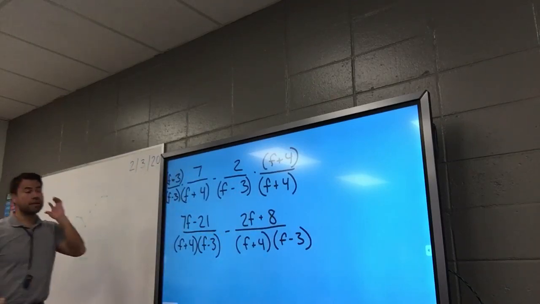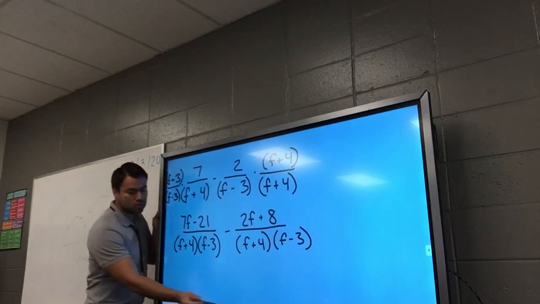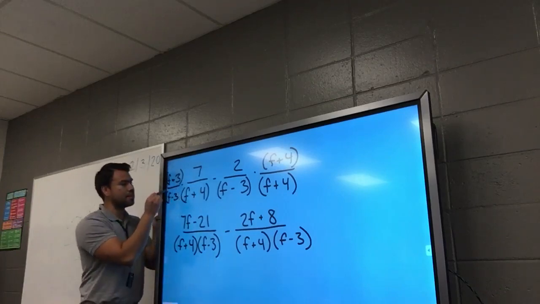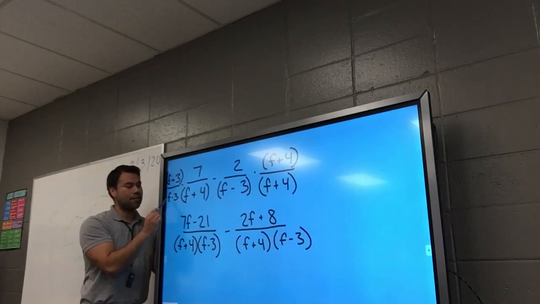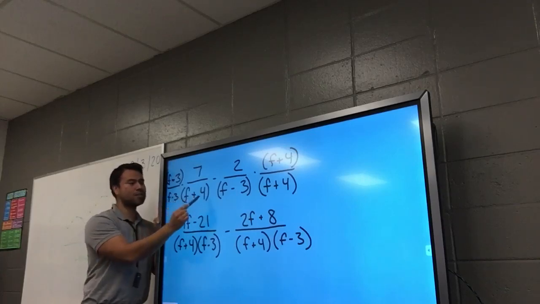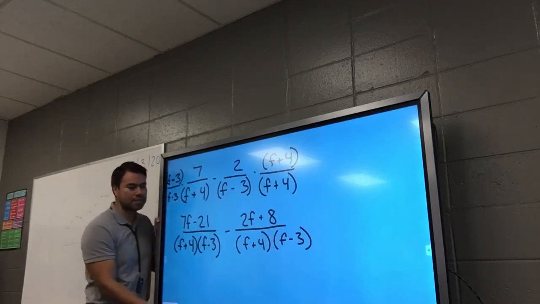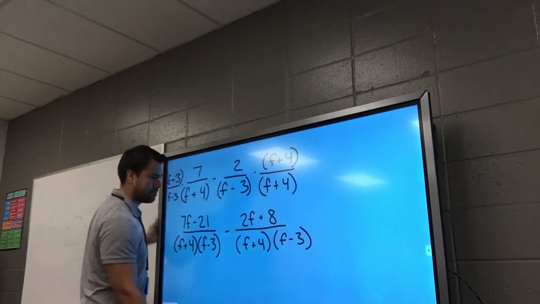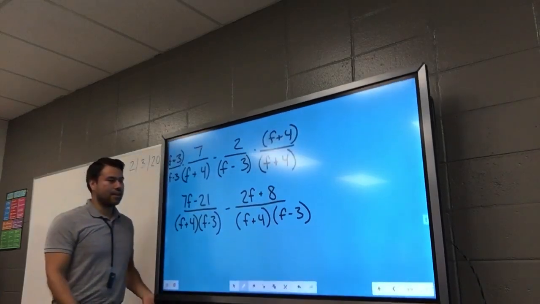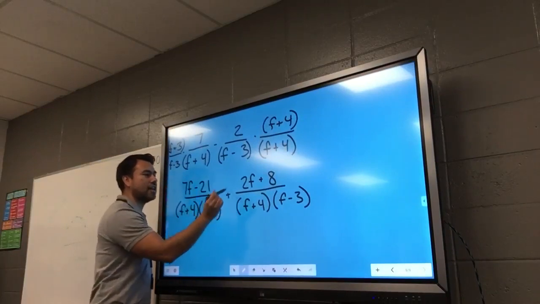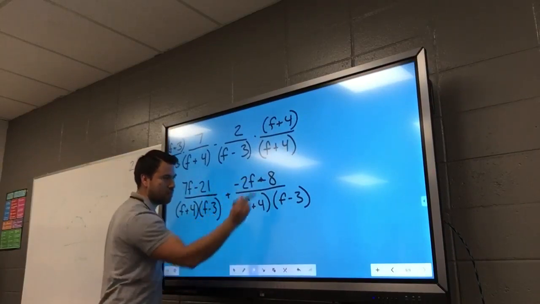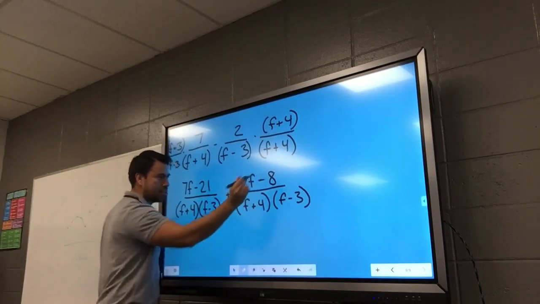You don't have to put parentheses, but if I didn't put this in parentheses, I would technically put F minus 3F minus 12, and then combine like terms, but that's not what it is. Be careful on this. You could do stay, change, opposite if you wanted to, which I would suggest.